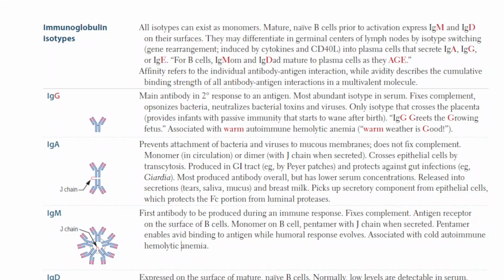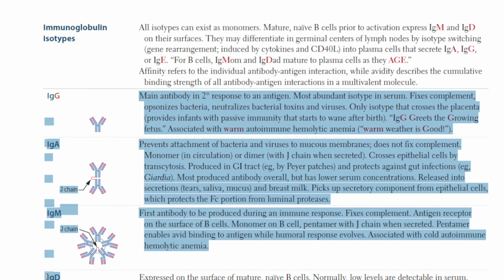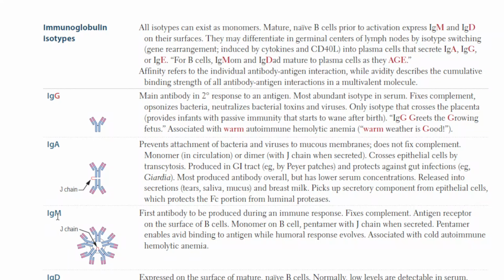It looks like immunoglobulin D doesn't do that much. It's like mom and dad, where the dad never does anything and the mom always does everything. So that's the way I remember it. The mom is the one who does everything. The dad doesn't do almost anything.